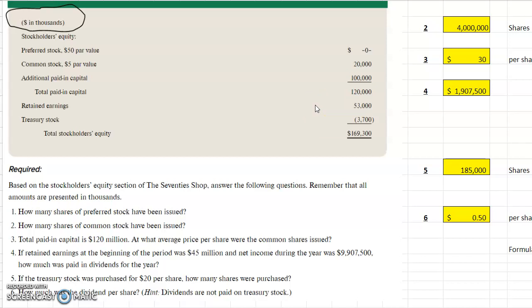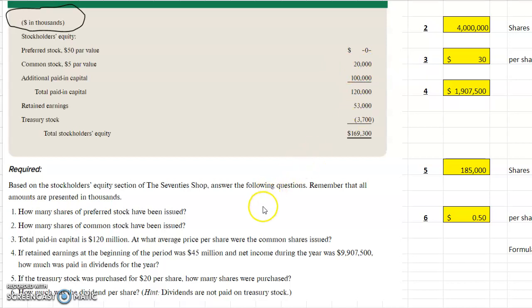And $5 par value per share. We divide that out and we get 4 million shares. Remember that this is in thousands, so that means there are actually 3 more zeros out here.